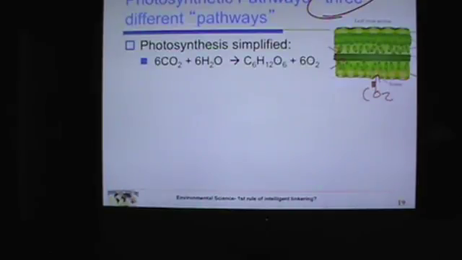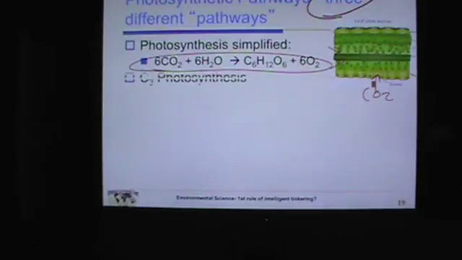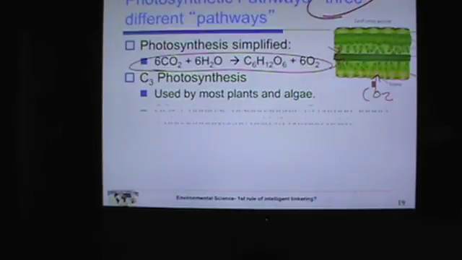Photosynthesis, greatly simplified. You've seen this a couple of times before also. 6 carbon dioxides, 6 waters, makes sugar and 6 oxygens. And that's how that carbon dioxide actually gets inside that leaf, through that hole in that plant leaf, through that stoma. This is an overview of what is known as C3 photosynthesis. It's used by most plants and algae, very common.